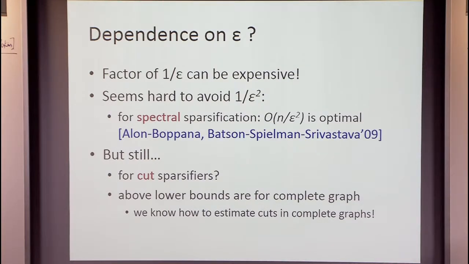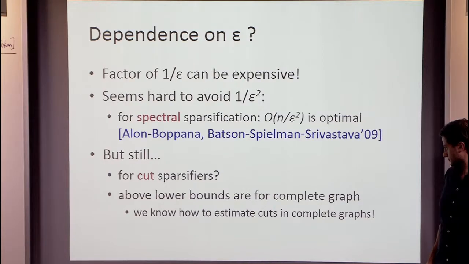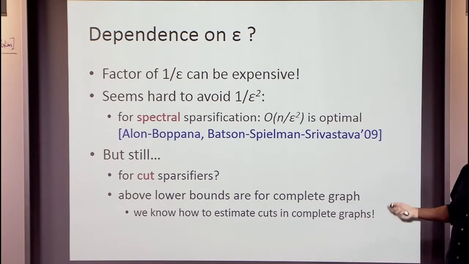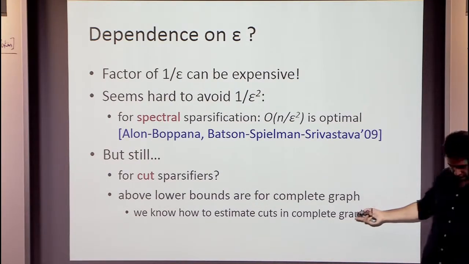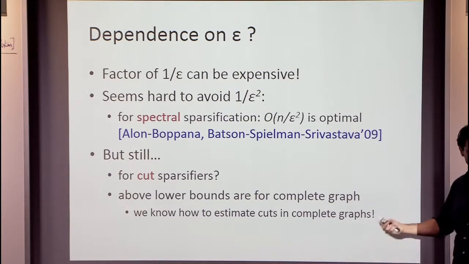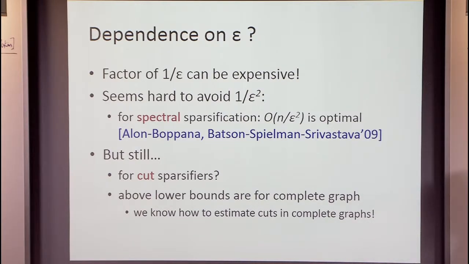But if it is for a complete graph, I know exactly what the cut values are, right? It is not a satisfying lower bound. So at least for applications, maybe we can change the notion a little bit, or somehow go around that.